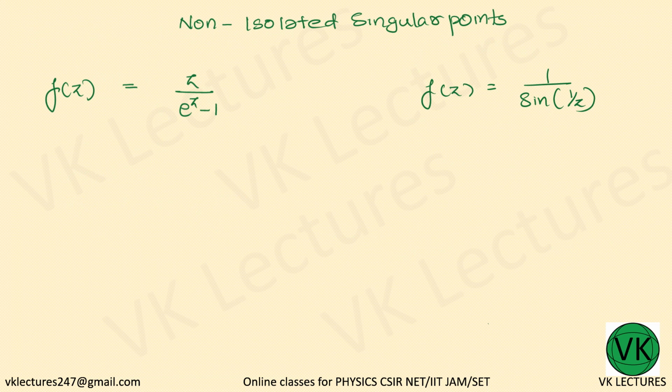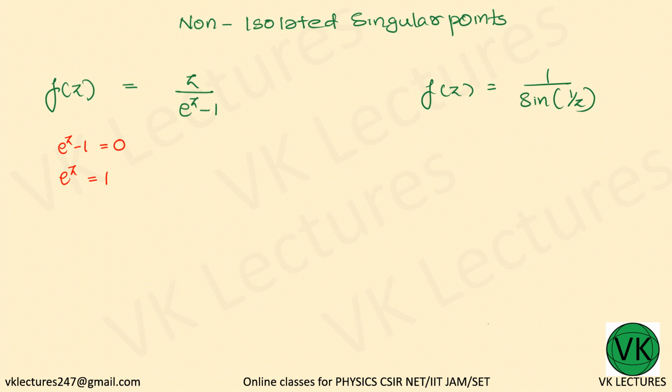Now let us see what non-isolated singular points are. Let's take 2 examples of how non-isolated singular points look. Now f of z equal to z divided by e to the power z minus 1. As usual, take the denominator, e to the power z minus 1, and put it equal to 0, which means e to the power z equal to 1.